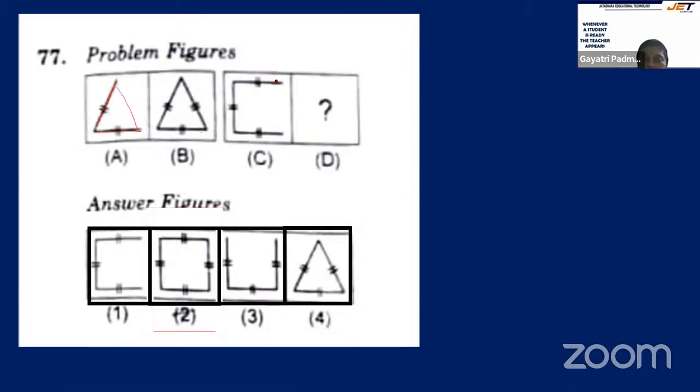Now similarly, in figure C, you have the square which has 3 sides. So in D, it should be closed, whereby it has this also. Yes. So none of it, this is not correct because this is a triangle. This is not closed. This is not closed. So your option must be 2.